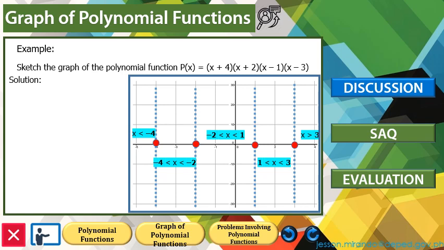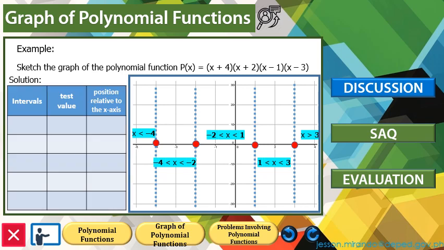Given the polynomial function p of x equals the quantity of x plus 4 times the quantity of x plus 2 times the quantity of x minus 1 times the quantity of x minus 3, the partitions or intervals will be -4 to -infinity, between -2 to -4, between 1 to -2, between 1 to 3, and 3 to +infinity.